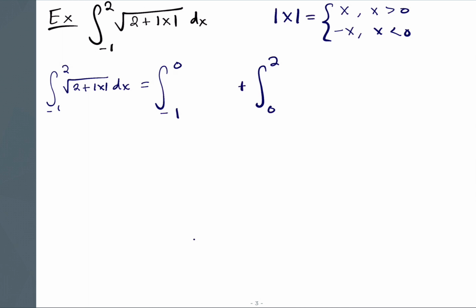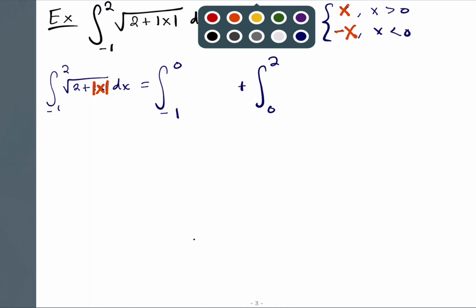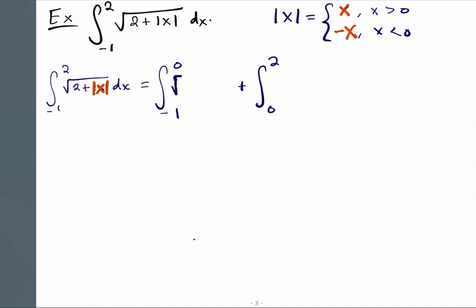So the only thing that's going to change is you're going to replace the absolute value of x with whichever function is appropriate for that interval that you're on. Does that make sense? So like right here, for example, I'm still going to have the square root of 2 plus, but then I'm going to replace the absolute value of x with which one?